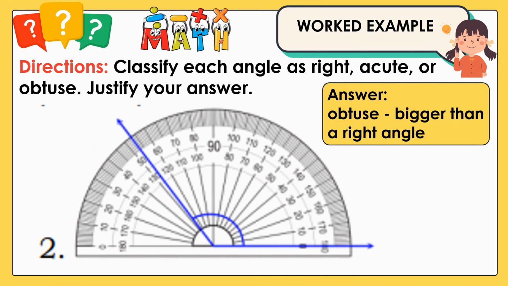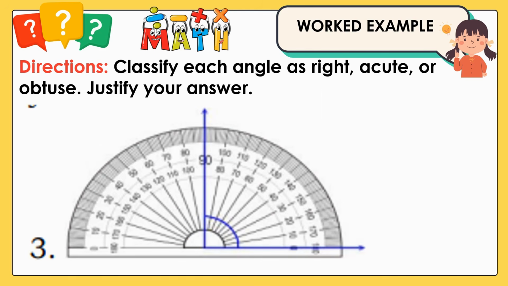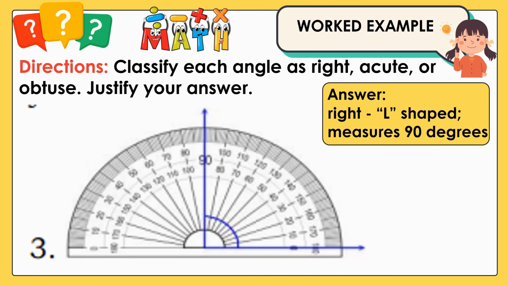The answer is obtuse because this is bigger than a right angle. Number 3, look at the picture carefully. The answer is right, because this is L-shaped. It measures 90 degrees. Good job, kids!